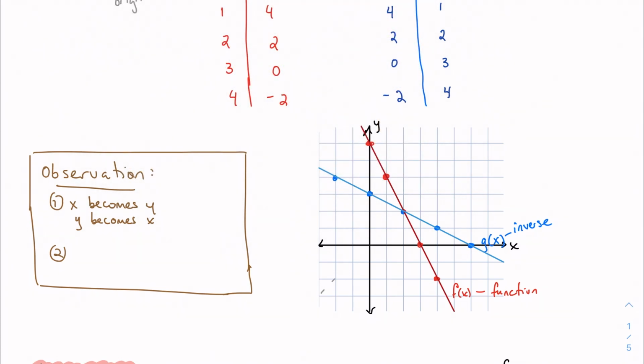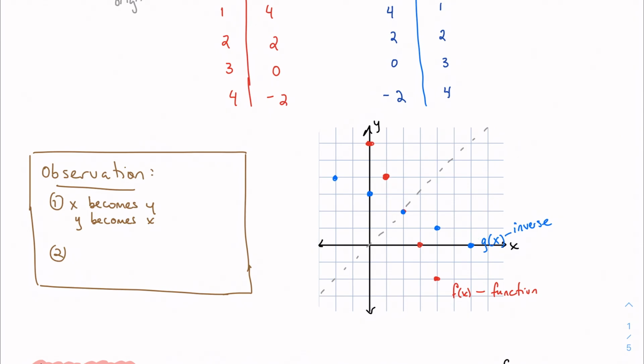So if I draw that in as a dotted line here, you can actually see that there's some mirroring going on, right? If I consider this line to be a mirror, and I take a point here, it's reflected over this line to become this point over here. 1, 4 becomes 4, 1. 0, 3 becomes 3, 0. 0, 6 becomes 6, 0.